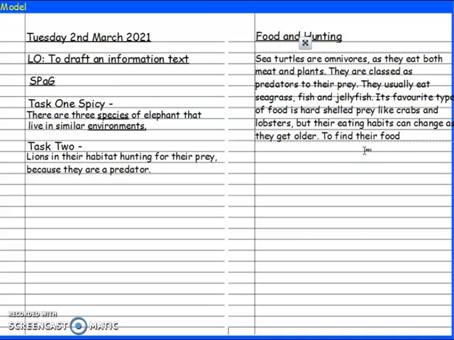So to find their food, sea turtles forage, so they look for it by swimming around their habitat. They don't really hunt, they just kind of swim and forage the food, so they look for it.